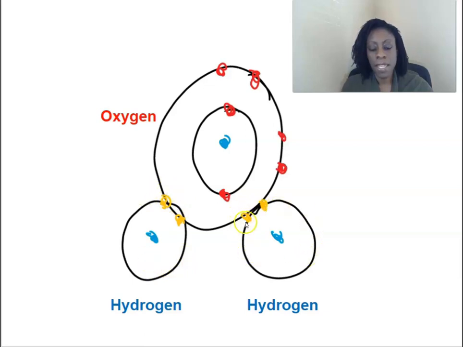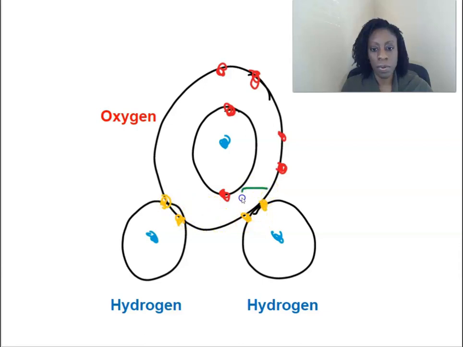Okay? And then each hydrogen atom is sharing its own 1 valence electron. So that's why I've got this electron here in orange and this electron in orange as well. So they're sharing, but oxygen is more electronegative than hydrogen is, meaning it's more attracted to these shared electrons than the hydrogen is.